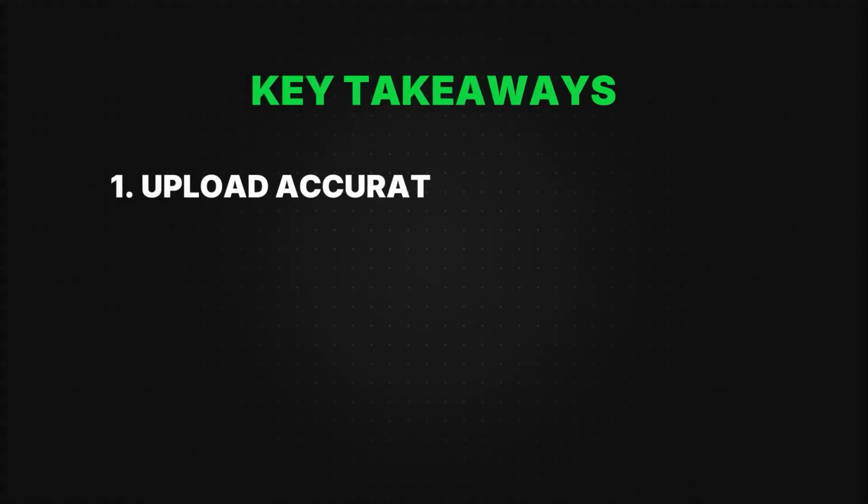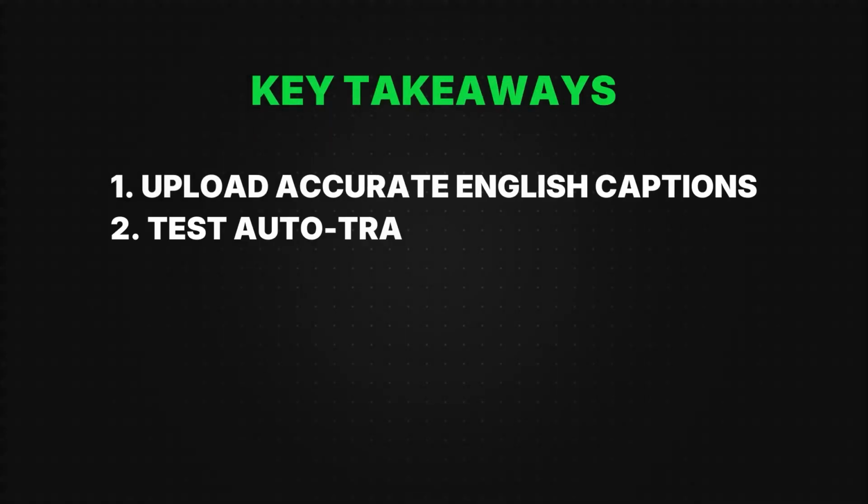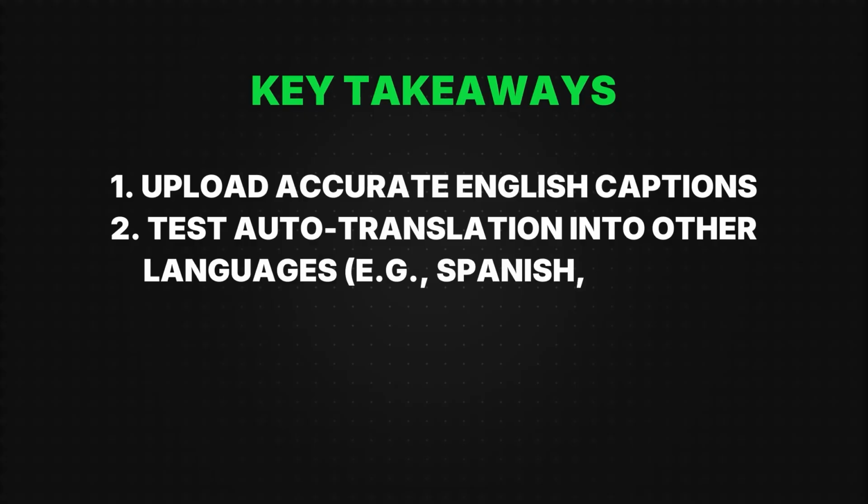Adding Spanish and German subtitles to a well-performing video can improve its reach and revenue. The views might spike, or they might not, but there's more quality traffic for advertisers to be featured on. Start by uploading accurate English captions, then test auto-translating to languages like Spanish and German. CPMs are increasing all the time in these areas.